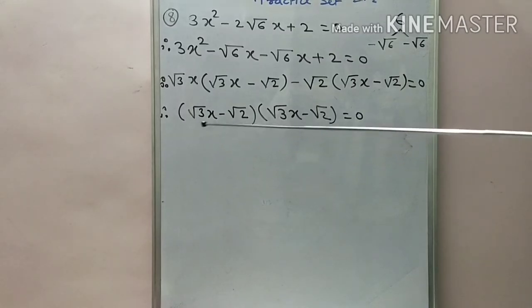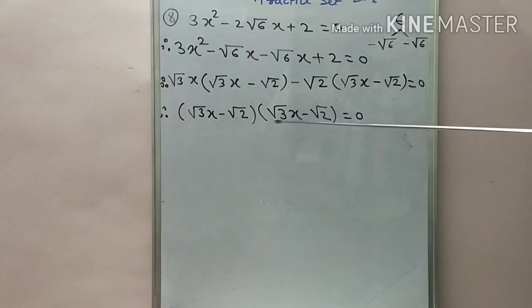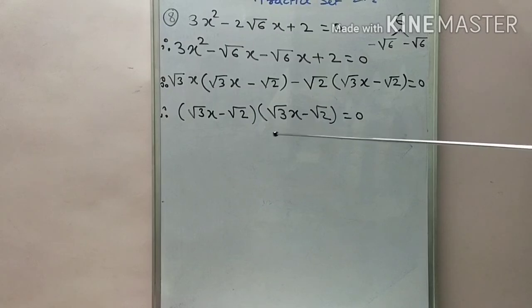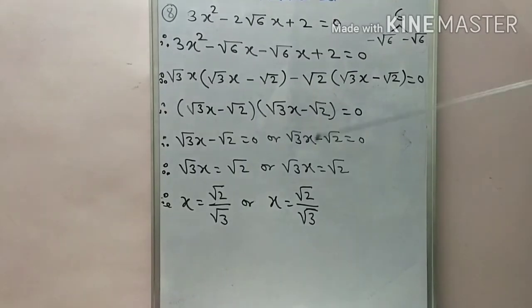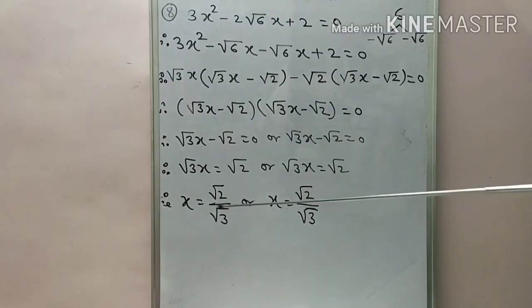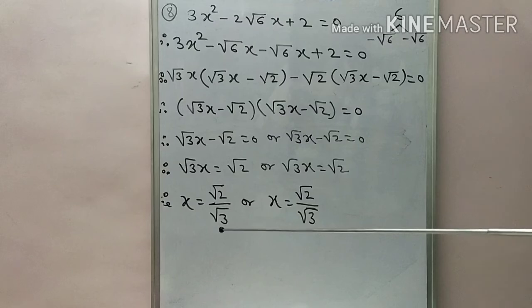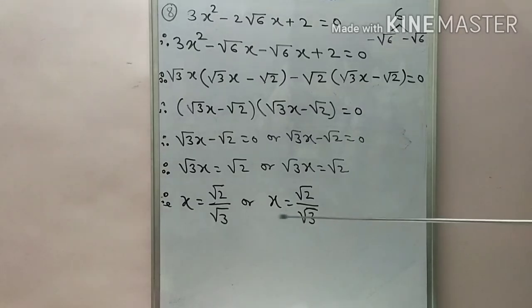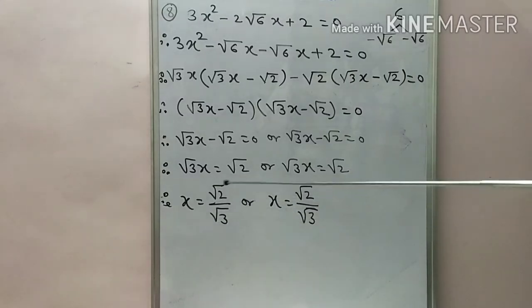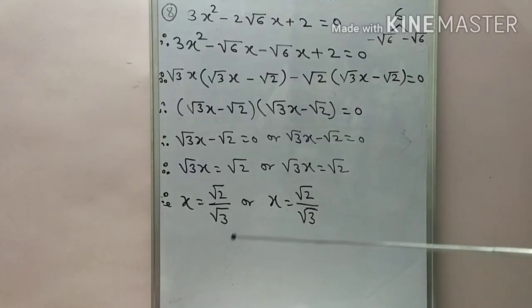What we notice here is that we get the same terms in both brackets, and we simplify both simultaneously. So we get the value of x as root 2 upon root 3 in both cases. Means here we get the same value for the root of the quadratic equation. Okay students.